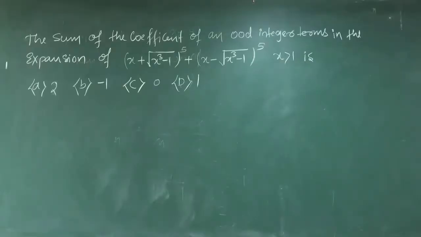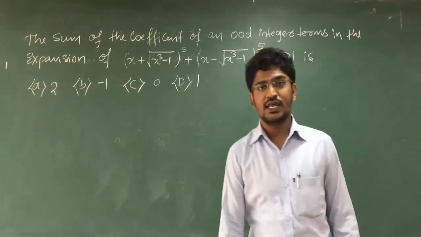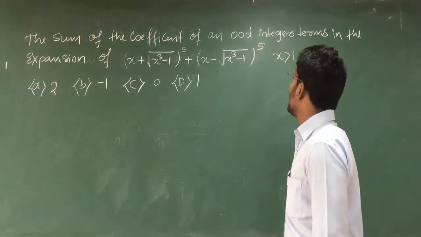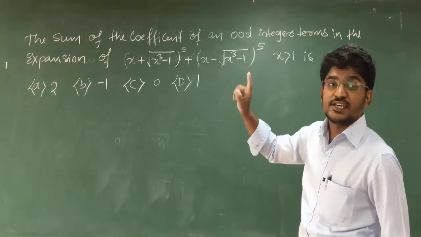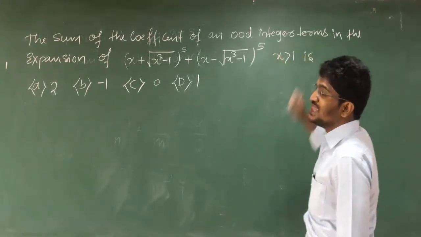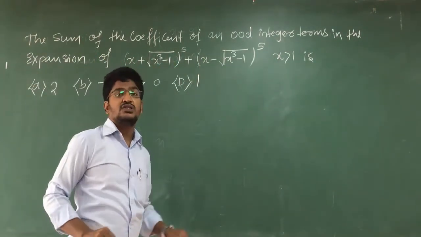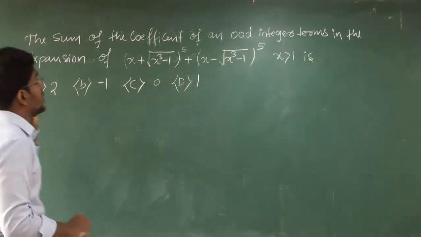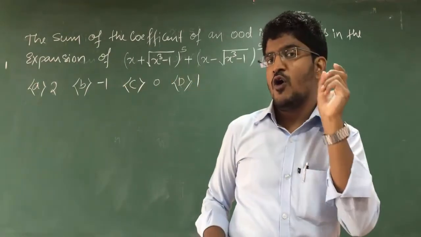Clear? Okay, students. Now let us move to the next question, that is the sum of the coefficients of odd integer terms. Clear? They are asking the sum of coefficients of odd integer terms in the expansion of this particular equation, where x is greater than 1. So you have to calculate the sum of the coefficients of odd integers.